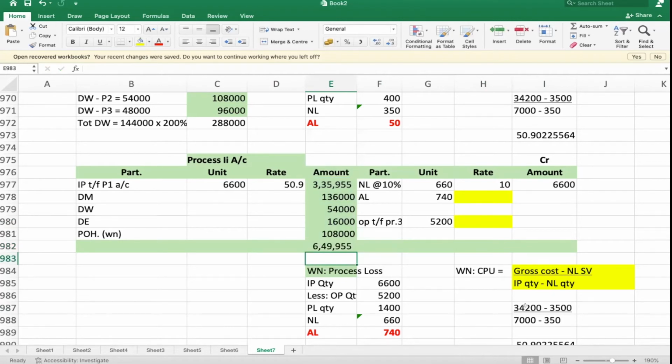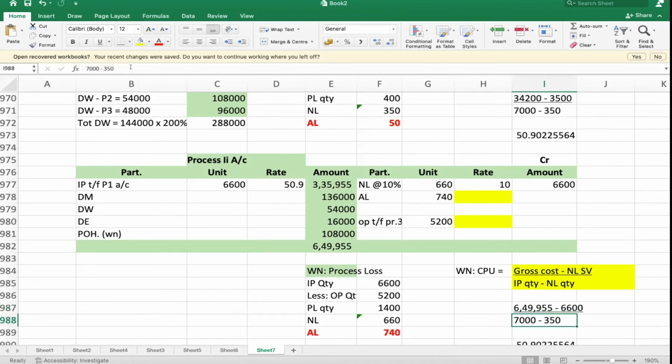So here gross cost comes to 6,49,955, minus normal loss value 6,600. Clear?